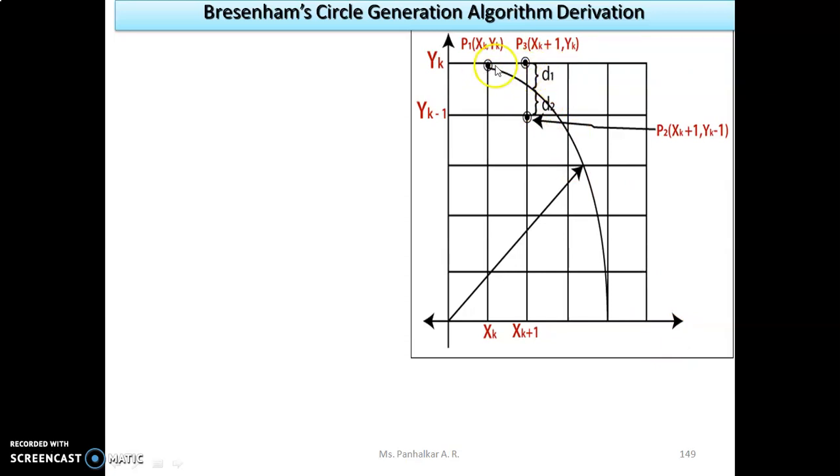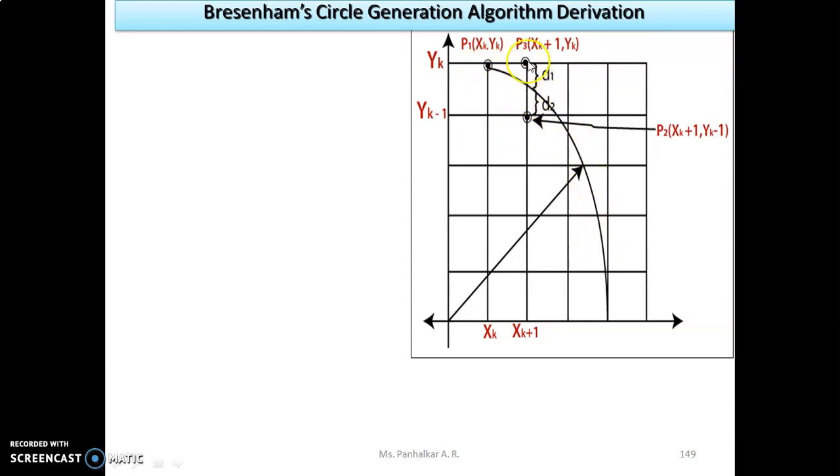Now for example, suppose we are at the current pixel and we have plotted this P1 pixel having the xk and yk coordinates. Now we have to take the decision whether we have to illuminate the P3 pixel or the P2 pixel, because the line is passing in between these two pixels.